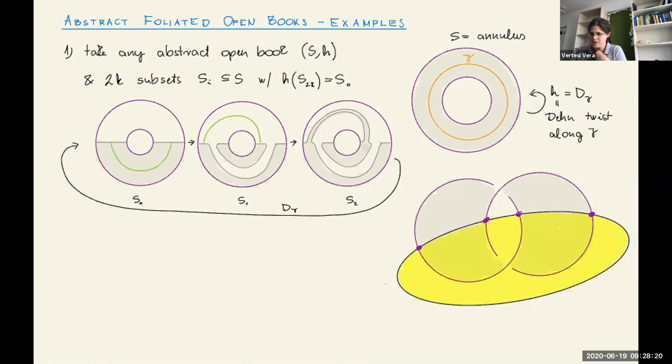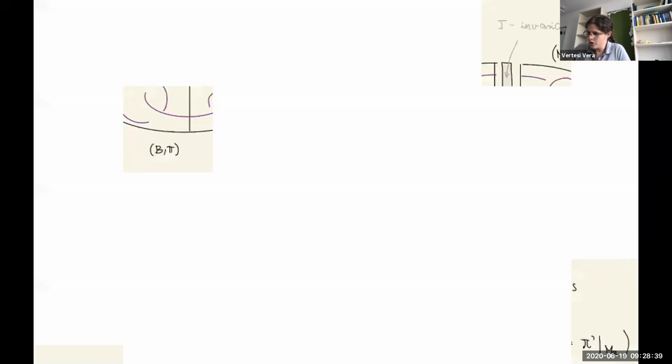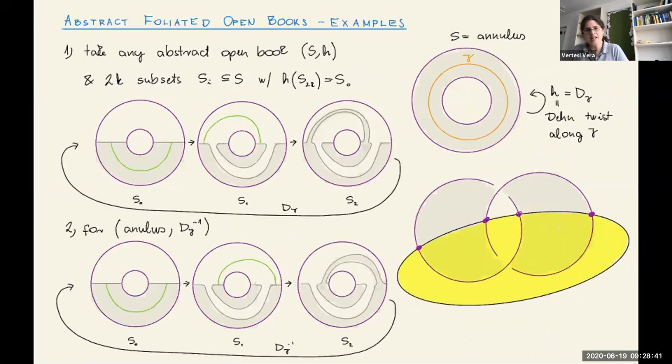So for example, this is a part of this annulus page open book with a positive Dehn twist. It looks like this. You take the annulus page and you just take two parts of the open book and you take the ball around it. Okay, or you can construct the exact same one for the negative Dehn twist.